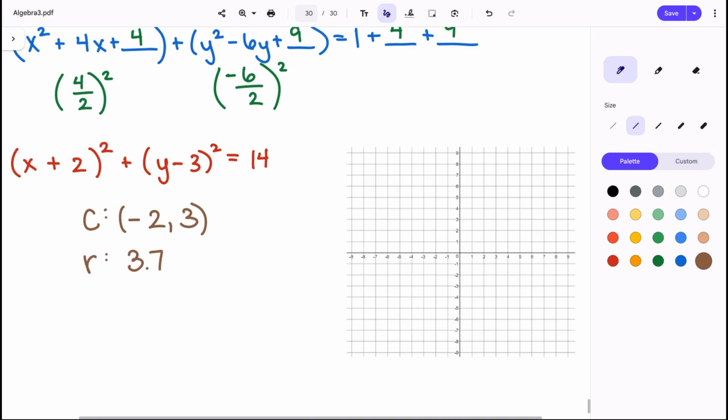Wait, how do I get this? No, 3.7. The center is the numbers in. Oh, you square root that last number. So the square root of 14 should be about 3.7. Okay. Now let's graph.